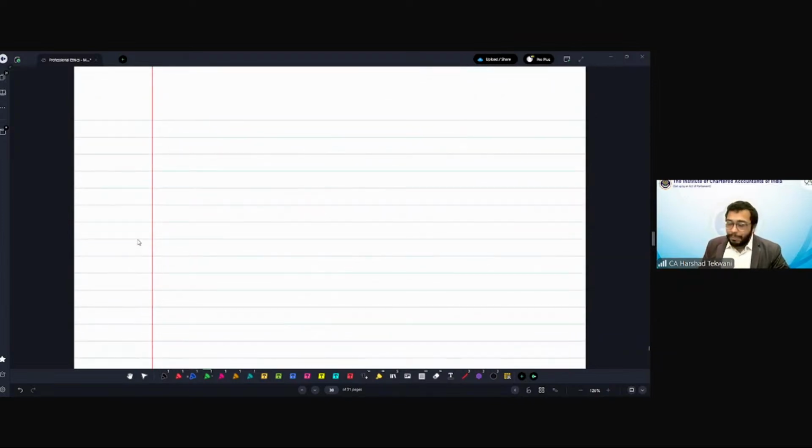If no doubt, let me proceed to clause 4. So clause 4 says that if a member in practice expresses his opinion on a financial statement or business enterprise in which he, his firm, or his partner has a substantial interest, then he will be held guilty of professional misconduct.